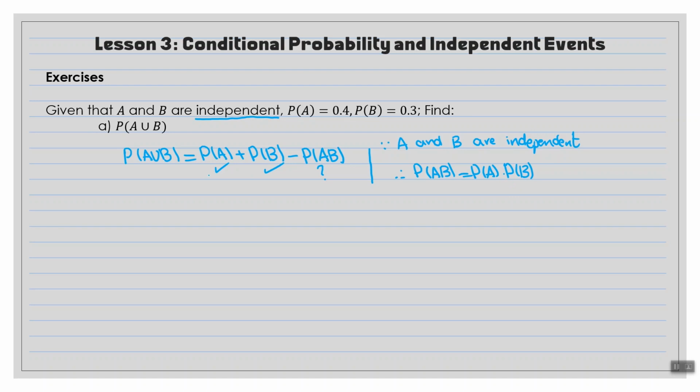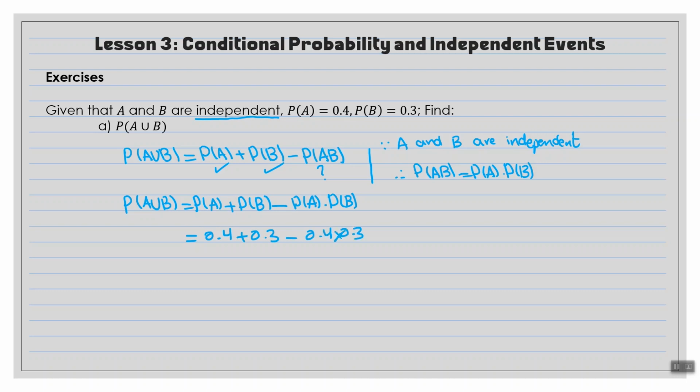So here we can write the following. The probability of A union B is equal to the probability of A plus the probability of B minus the probability of A times the probability of B, because they're independent. Now I can substitute with numbers. 0.4 plus 0.3 minus 0.4 times 0.3.